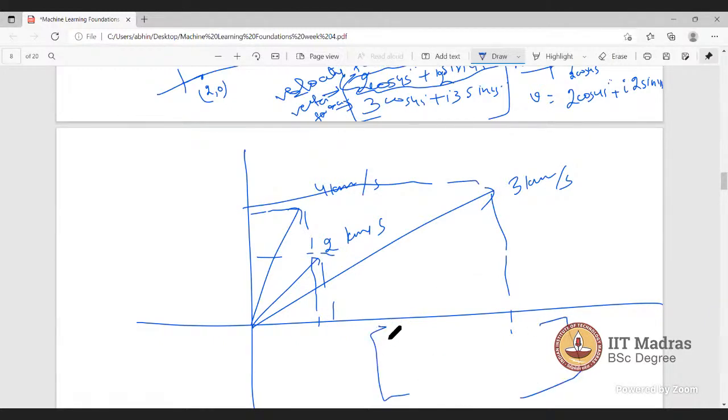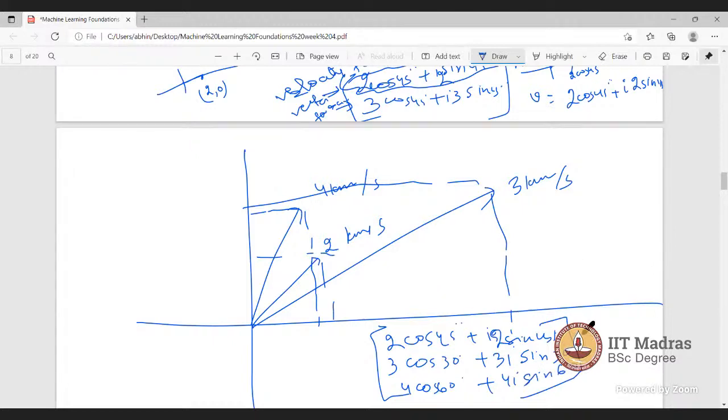So you are writing it like this: 2 cos 45 plus i 2 sin 45, then 3 cos 30 plus 3i sin 30, plus 4 cos 60 plus 4i sin 60. So this is how you represent all the elements of a matrix on a single paper. Means the number of columns will be only one. Yes. Okay, sir. Got it?